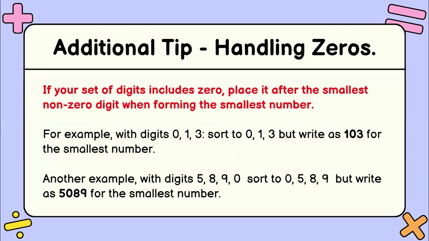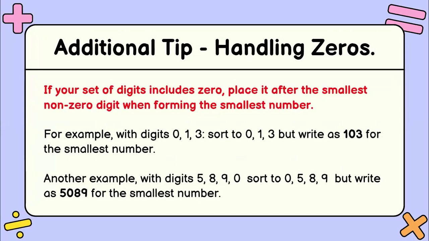So here's an additional tip: handling zeros. Sometimes even I get confused, and I know that you guys want to improve from making mistakes. If your set of digits includes 0, place it after the smallest non-zero digit when forming the smallest number. If you don't get it, let's see with an example. We have the digits 0, 1, and 3.